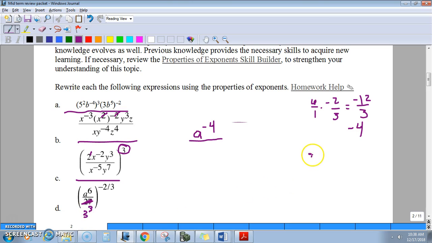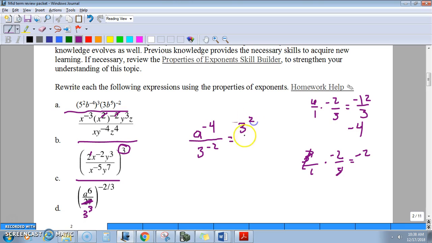Okay, and then I'm going to take the 3, which is the exponent, and I'm going to say 3 over 1 times negative 2/3 is equal to just negative 2. So over 3 to the negative 2 power. Since both are negative, they're just going to flip.